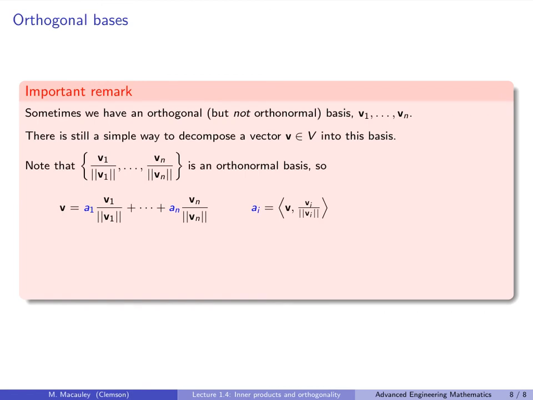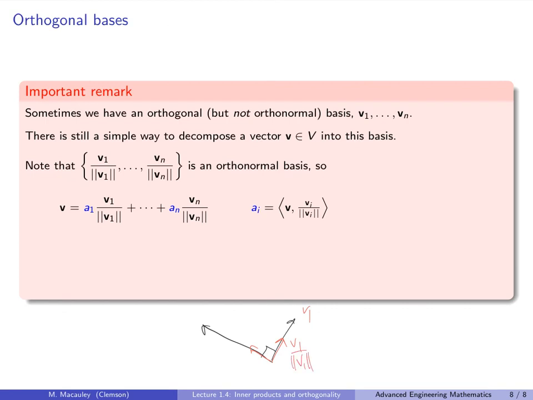In this case, there's still a simple way to decompose an arbitrary vector into this basis. It all stems from the basic observation that if you normalize each of these vectors, then what you get is an orthonormal basis. For example, if you have this set which is not unit length, and you normalize each one of them, so this is v1, this is v1 normalized.